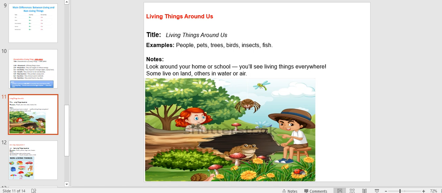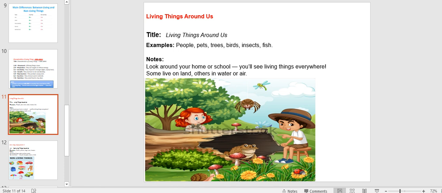Below we have another slide showing living things around us. In your surroundings, wherever you are, there are people, there are pets, you have dogs, cats, there are trees, there are birds, insects, fish. All these are examples of living things.